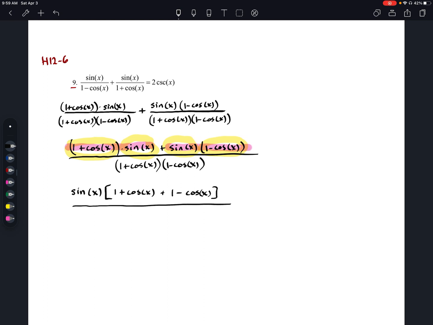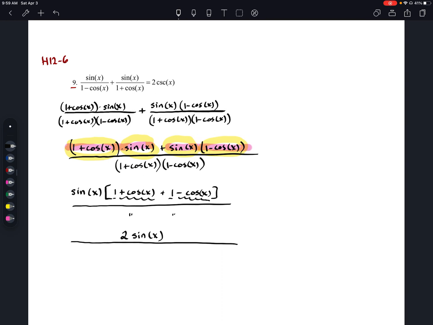Right now it's over the same denominator, so let's just save some time and space. 1 plus 1 gives us 2, but the cosine of x plus a negative cosine of x are going to cancel out. So right now what we have is 2 times the sine of x left on the top.